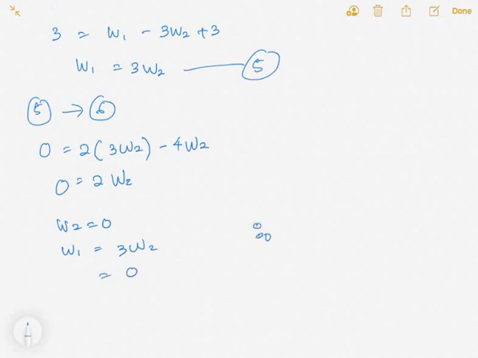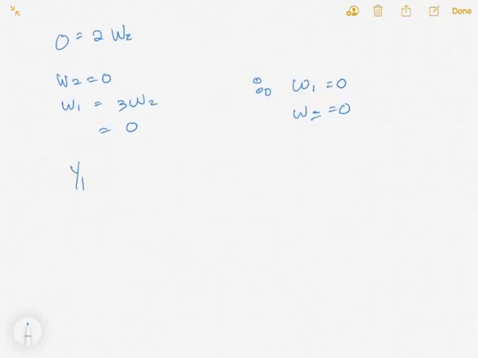So now w1 equal to 0 and w2 is also equal to 0. So your yp is negative 1, 0 for the x power of 2, and then plus 0 and 3 for the power of x, multiplied with x. So this is the yp value.